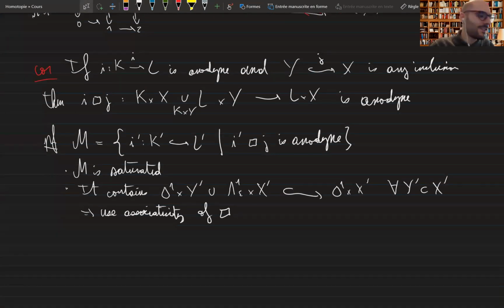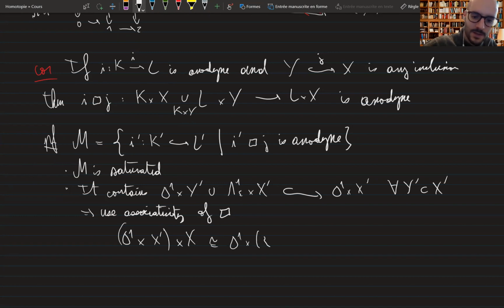The square is associative, and so you have a very complicated formula, essentially that follows from the fact that delta 1 cross x prime cross x is homomorphic to delta 1 cross x prime cross x.